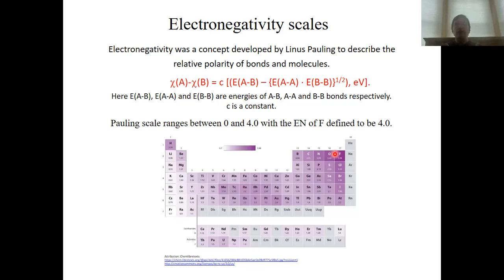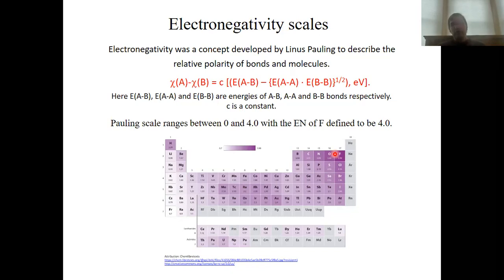Okay, so the electronegativity of elements tells us a lot about what kind of bonding we can expect when the respective atom binds to another atom. Okay, but we will talk in detail about this in a moment.